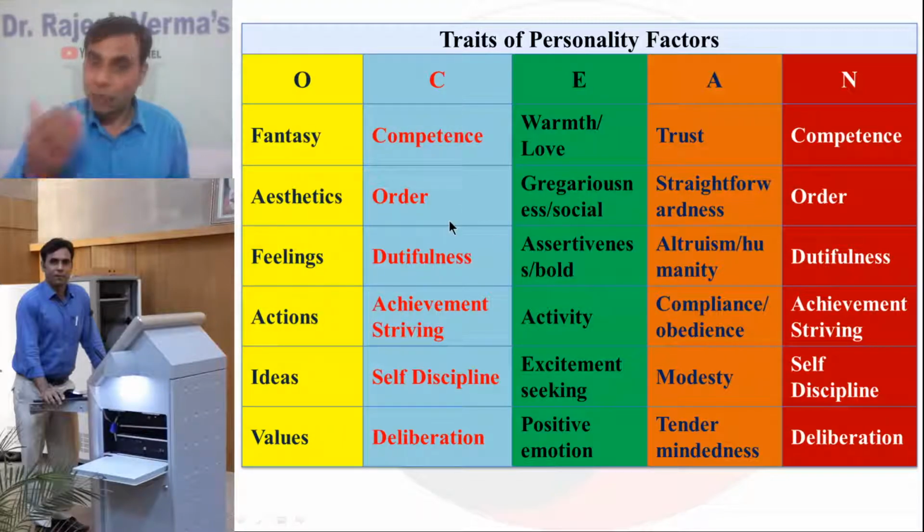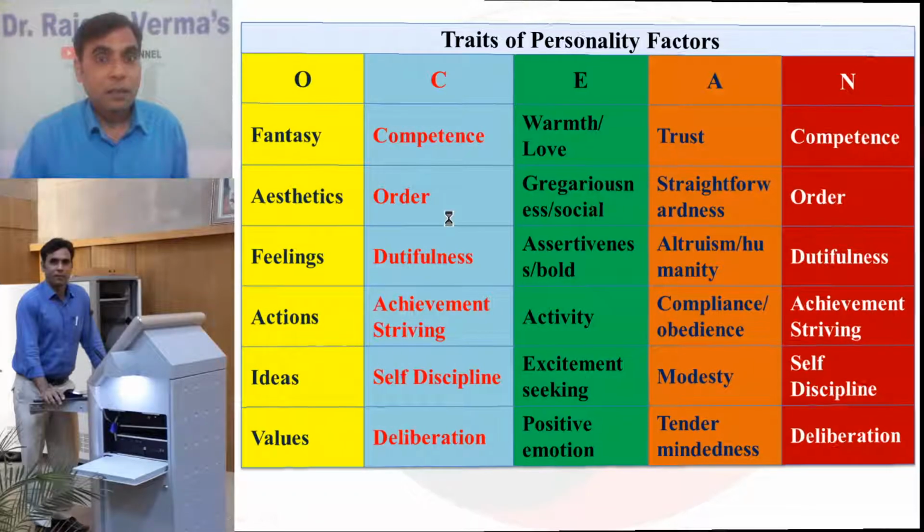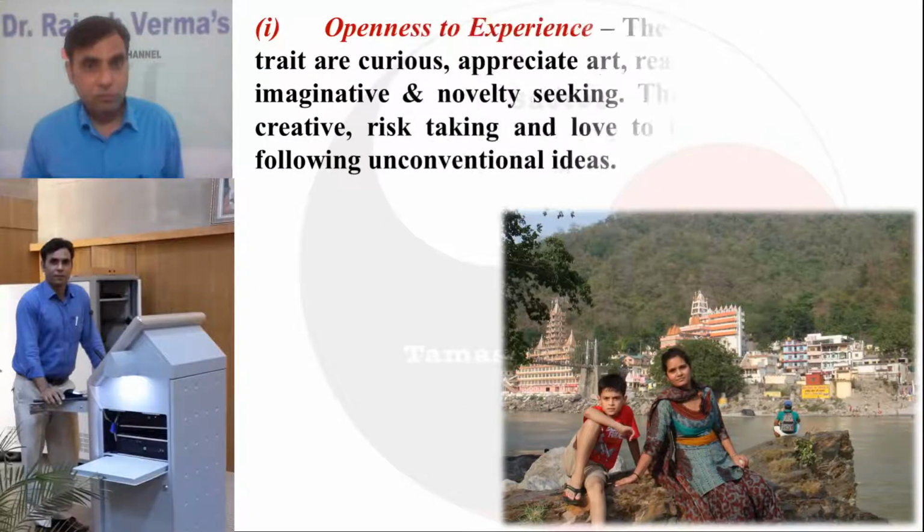Getting my point? The point I want to make is that the predominant traits make us a particular personality type. You can pause this video and read this. It is a very important one. If you remember and understand the basic crux of this, it is a very interesting personality theory.